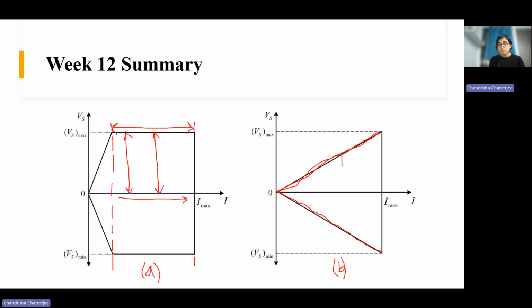And obviously the slope is constant here because we are controlling the reactance. So this positive voltage is the capacitive mode when positive voltage is getting injected, and this is the inductive mode when negative voltage is getting injected.